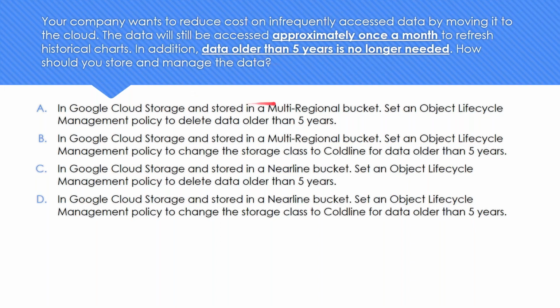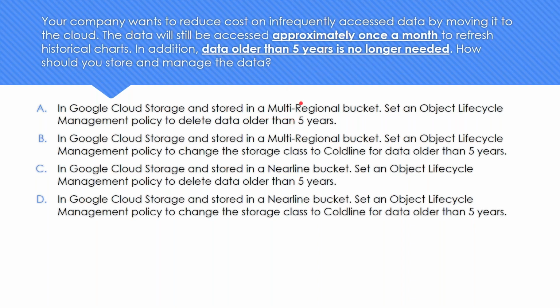So option A is going to be ruled out because of multi-regional, because the storage cost is going to be high. Option B, store it in multi-regional, again the same thing. That is one thing which I'm going to ignore. At least the second part was okay in option A: lifecycle management policy, after 5 years deleted.